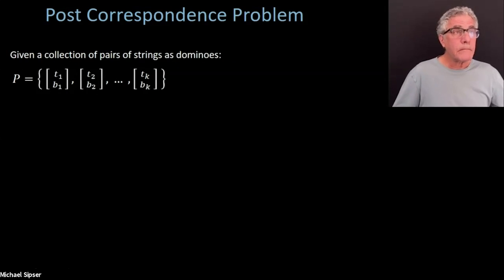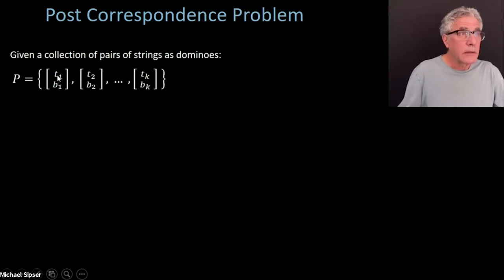So the post-correspondence problem is as follows. You're given a bunch of pairs of strings. Here is one pair, T1 and B1, and I'm writing them as dominoes, because I'm writing one of the strings on top of the other.